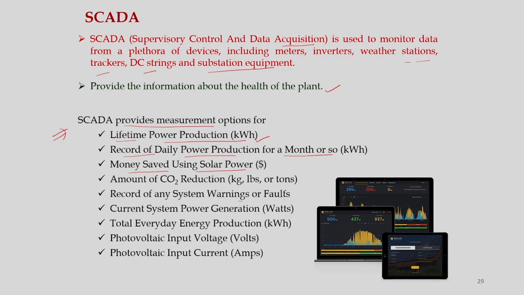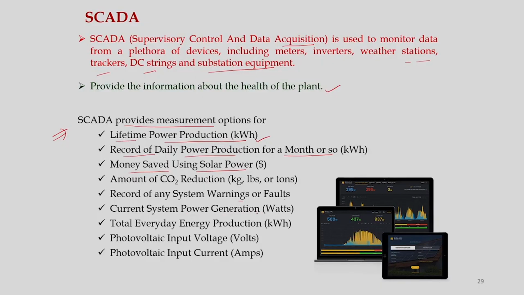So, if some component is not working properly, that can be diagnosed, and current system power generation, then total everyday energy production, then photovoltaic input voltage, how much input voltage is generated on the particular day and at a particular time, and photovoltaic input current at that time.